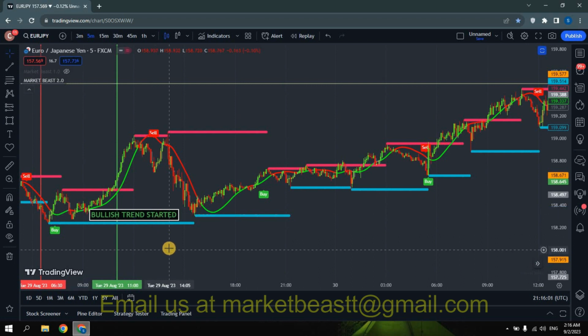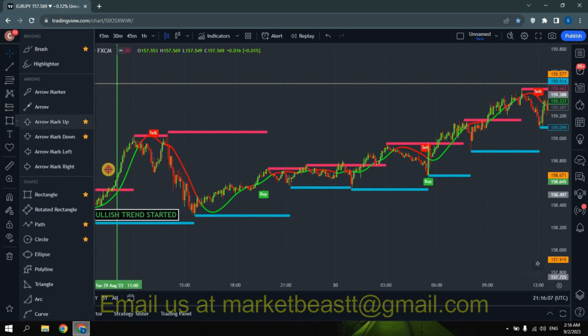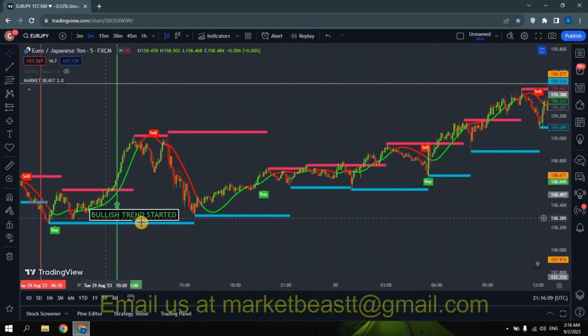The green represents bullish signs. So yeah, the trend is bullish from here. First, we are in a 5-minute time frame. We are going to simply follow the signals from here.